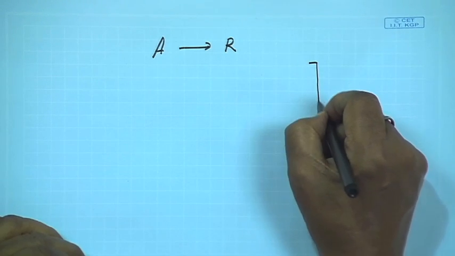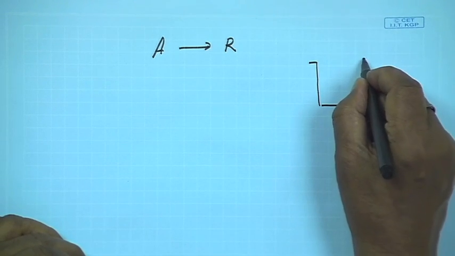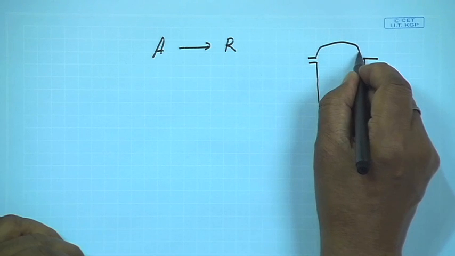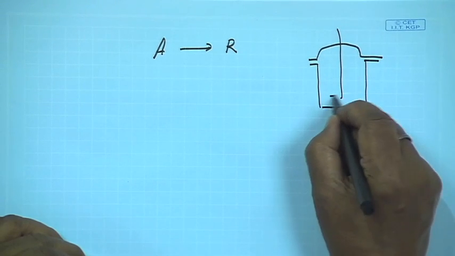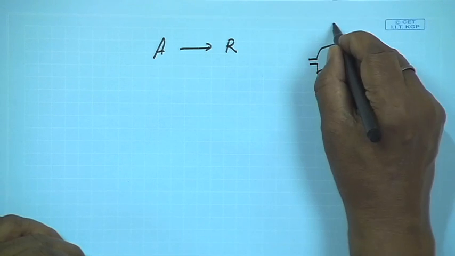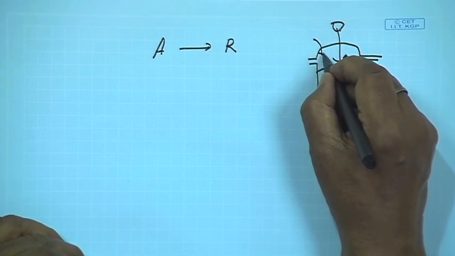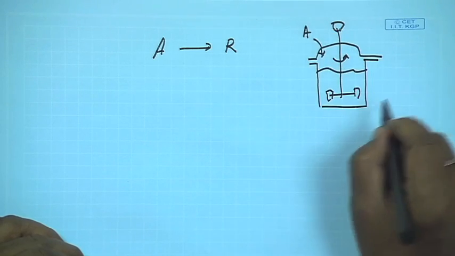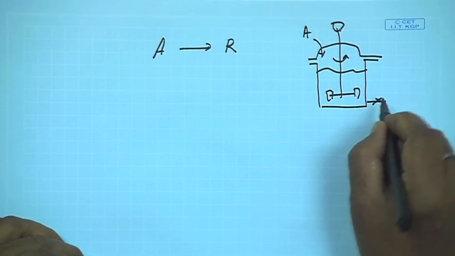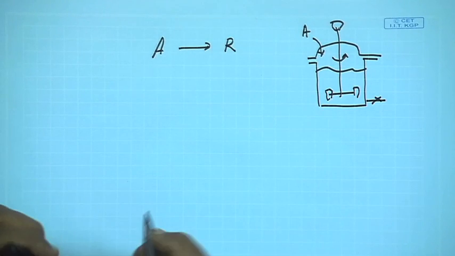The batch process is like this: this is the reactor. We take A, and after the reaction is over we take out all the materials from the system.